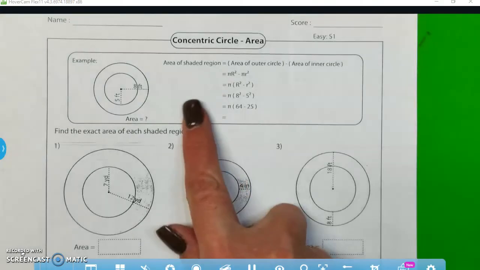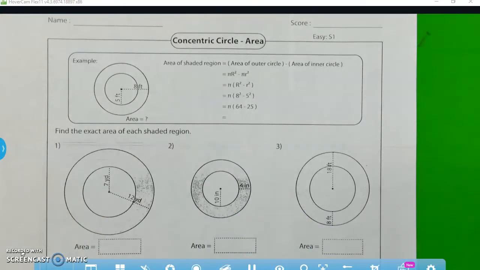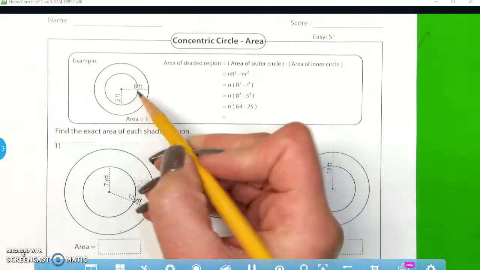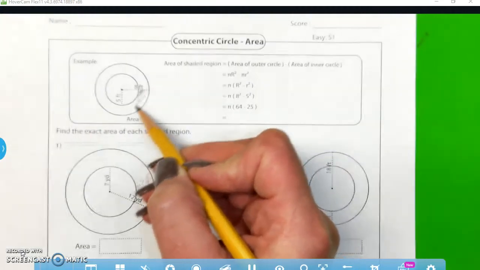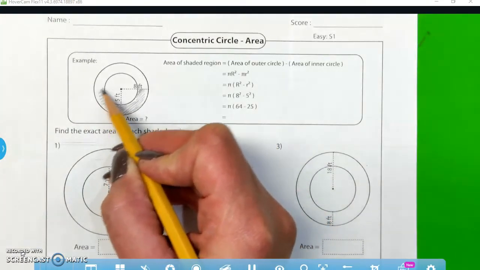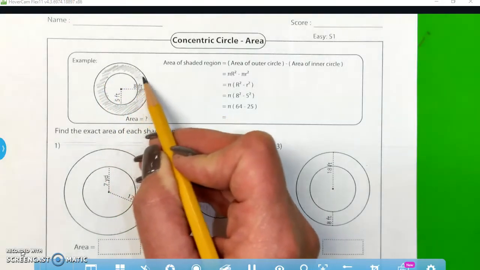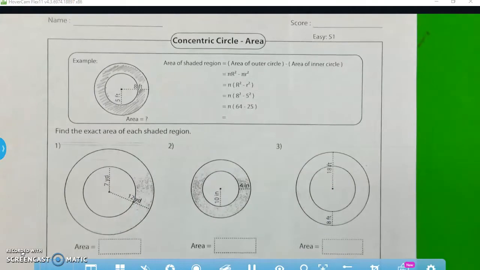I'm going to start with the discovery of the example that is listed in your box. I know the shading on your handout is not the best, so I'm going to go ahead and shade it in. Hopefully you are seeing there are lots of similarities between all of the questions on your handout today.